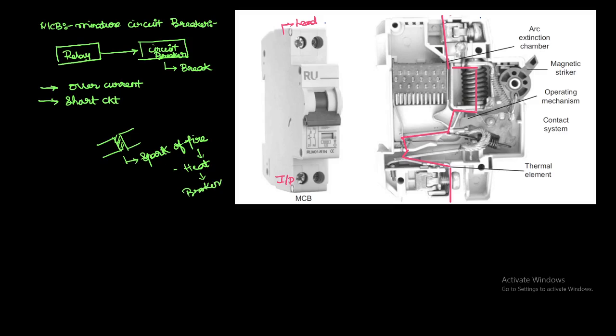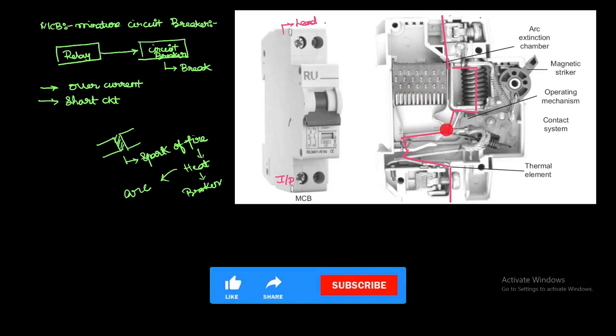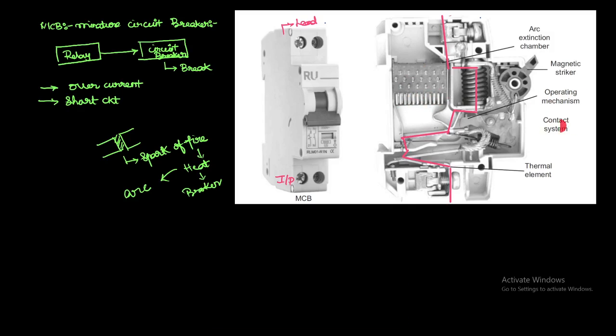This fire and heat is called the arc. So this arc can be broken by this arc chute chamber. Here you can see this arc extinguished chamber or arc chute chamber, so whenever there is a break in the circuit, you will get some heat, and that will be divided into this arc extinguished chamber. And you have the operating mechanism, contact system, the magnetic sticker and thermal elements.